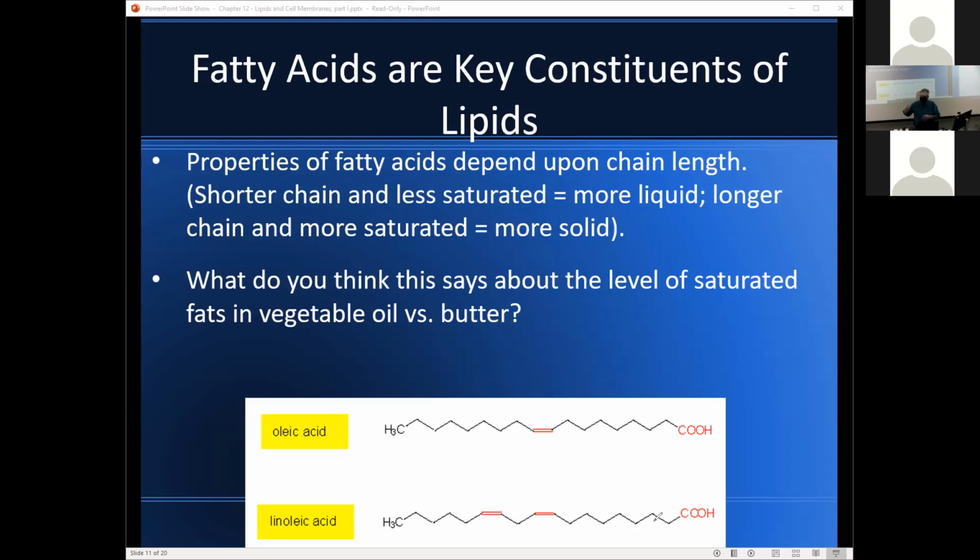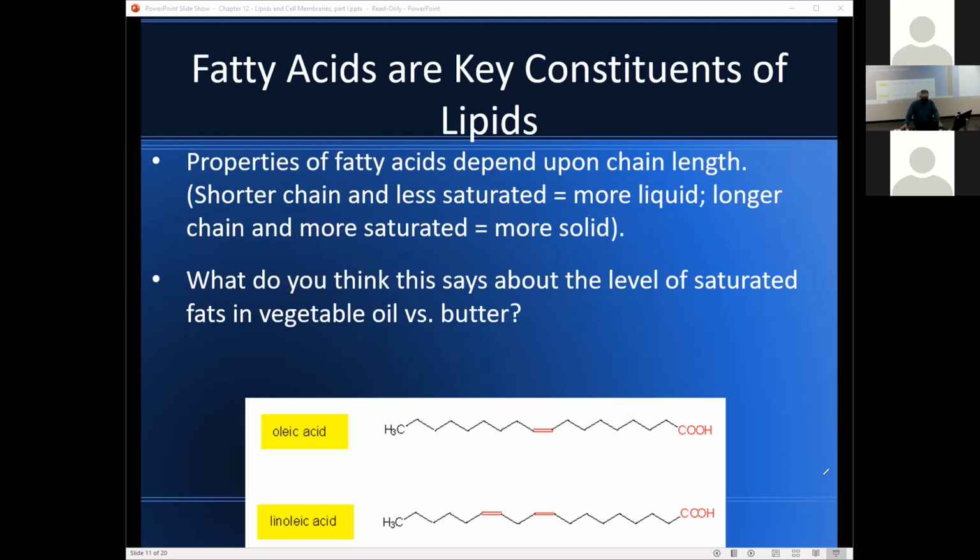Butter, lard, other sources of fat that come from animal sources tend to be solid at room temperature. Okay, this is because the straight chain fatty acids can pack together more efficiently without steric hindrance. This is going to make them solid at room temperature rather than liquid at room temperature.